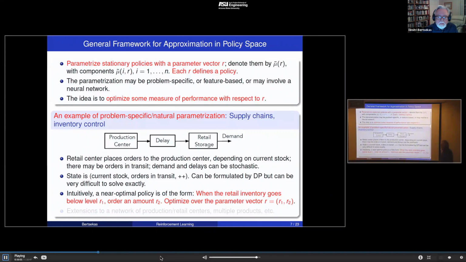In fact, that's the way many inventory systems work. They set critical levels, and then hopefully they work well. And if they don't, they adjust them, perhaps manually, perhaps with some algorithm. There are many heuristics around this type of policy. In some cases, this type of policy is optimal, but in other cases, it's not. But it's often close to optimal. So this is an example where there's a natural good parameterization in policy space.